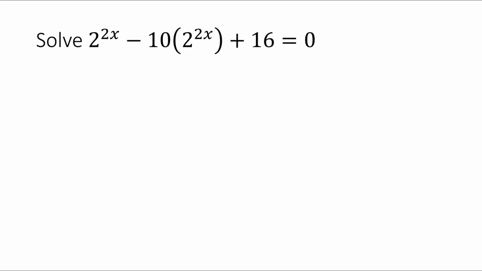Okay, the next one isn't a practical example, but it is one that you may well meet. And what it requires you to do here is to make a substitution. It doesn't matter what you call it, so that it allows you to write what you've got as a quadratic. So then we can rewrite it as z squared, and, oh, that's a nice one.